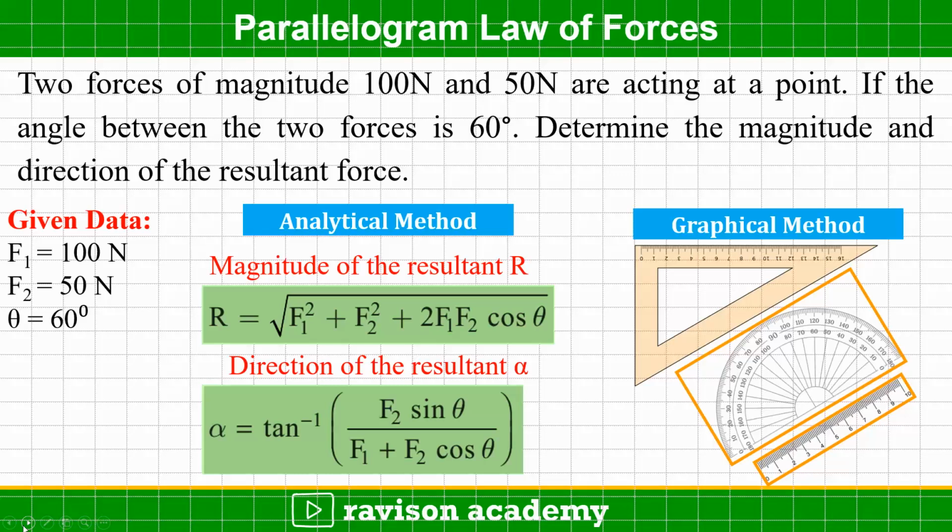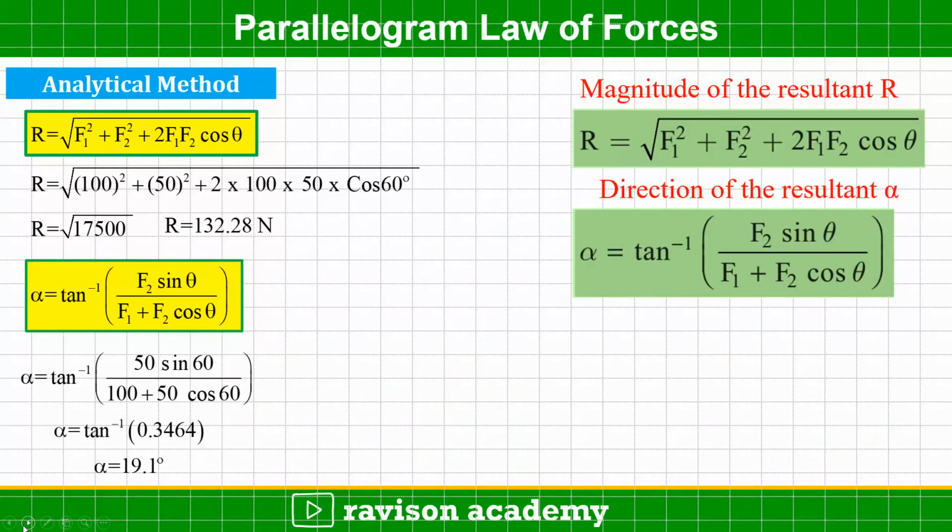This problem can be solved by using two methods. One is the analytical method, another one is the graphical method. We will see them one by one. In the analytical method, we will use the equations R equal to root of F1 square plus F2 square plus 2 F1 F2 cos theta and alpha equals tan inverse of F2 sin theta divided by F1 plus F2 cos theta.